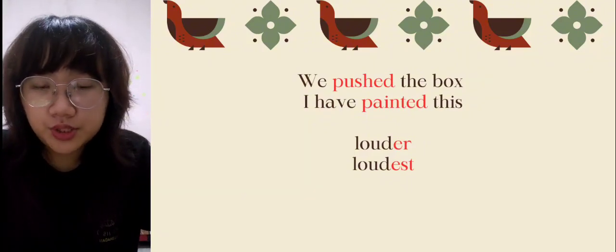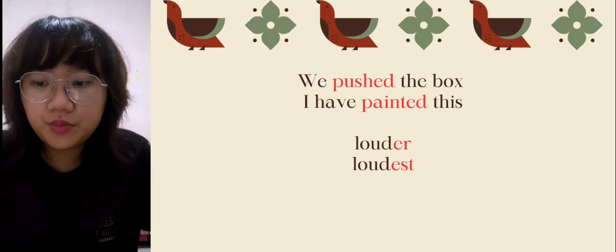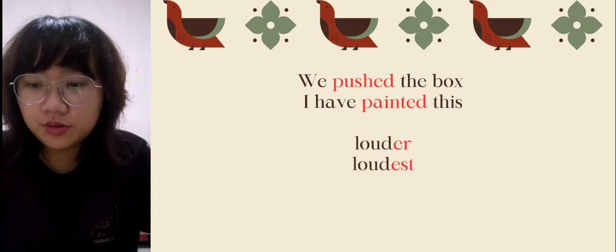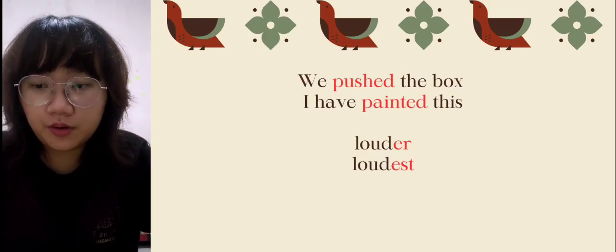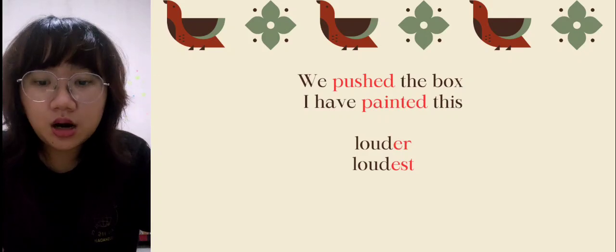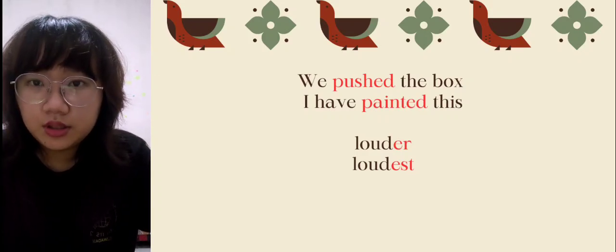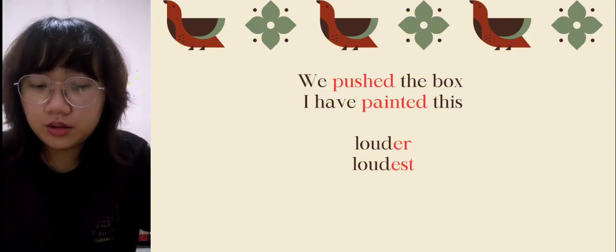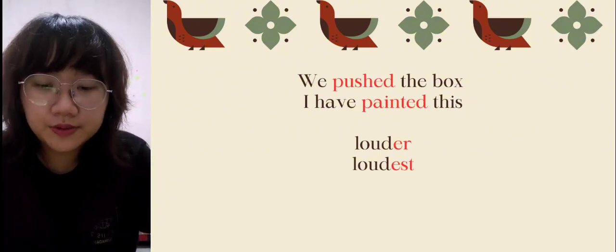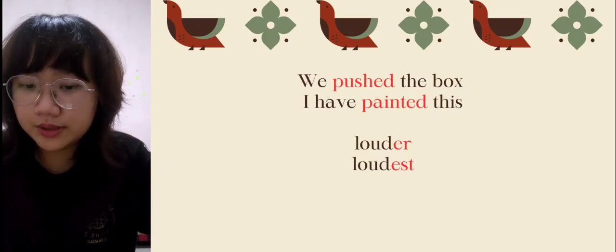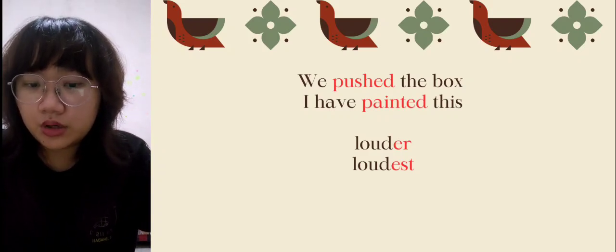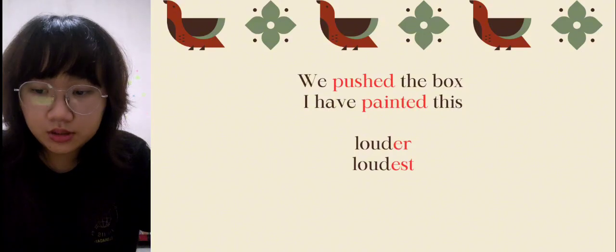We add ed to change it into verb 2. And then painted is also the past participle of paint. I have painted this. And then the suffix er, loud becomes louder. It is a comparative word. It's a word that you use in a comparative sentence. And the last one, loudest, you use that in a superlative sentence.